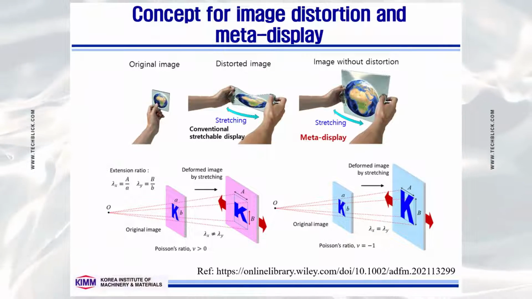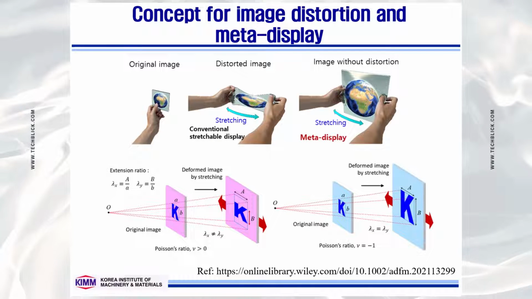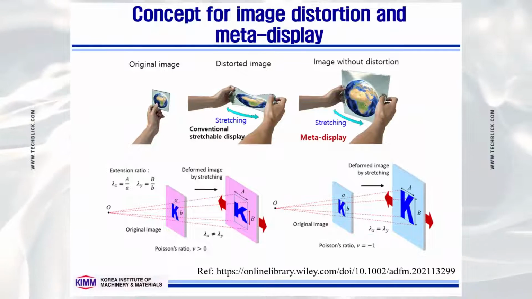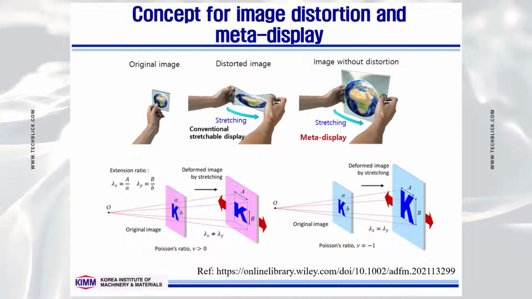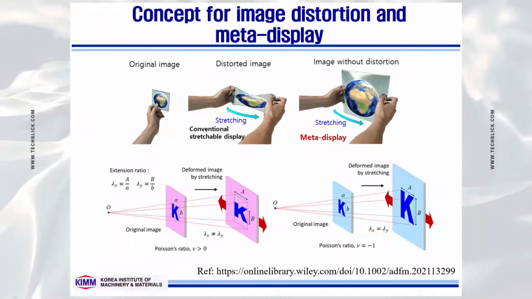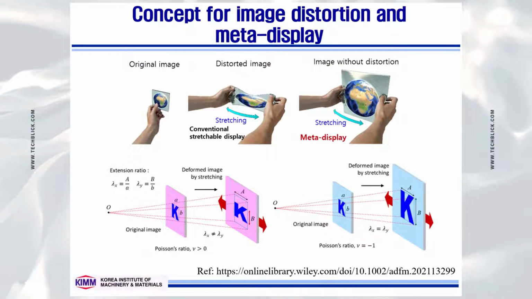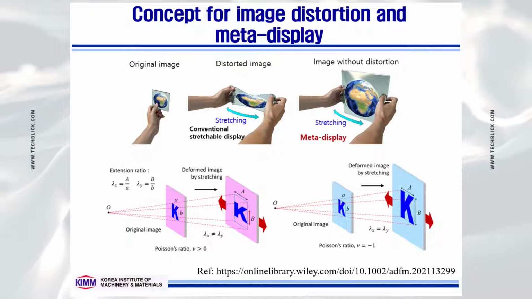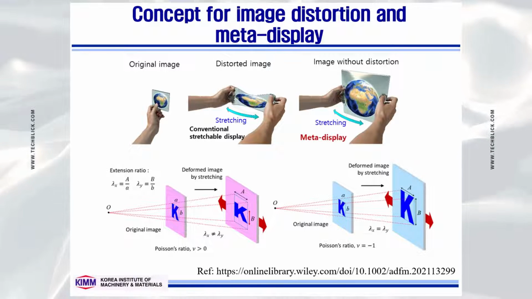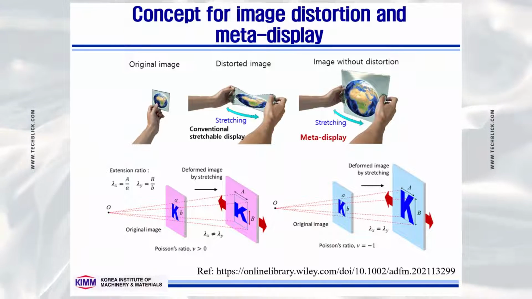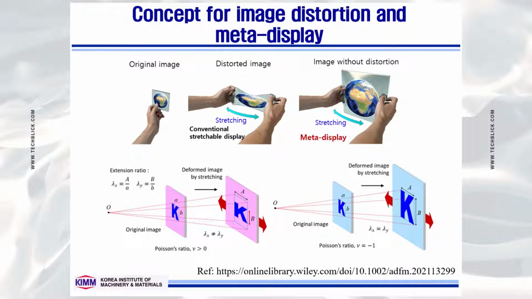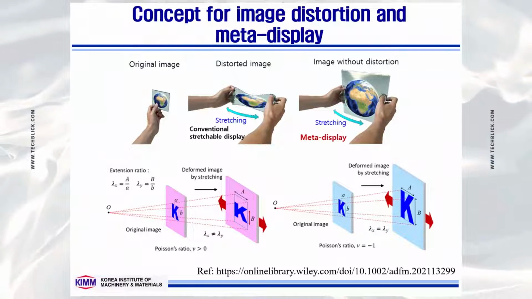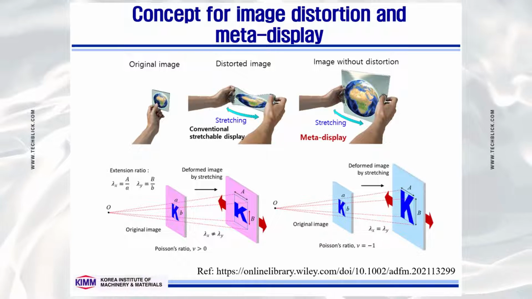So when the Poisson's ratio is positive, the capital character K is distorted like this. But if we have a negative Poisson's ratio material, especially -1, the capital character K is not distorted by the uniaxial stretching.